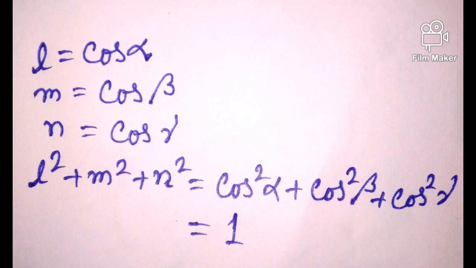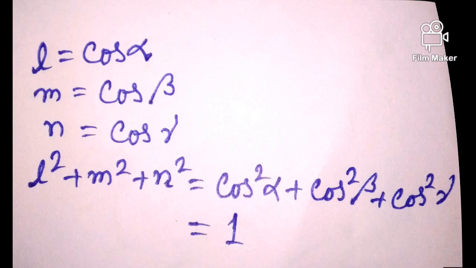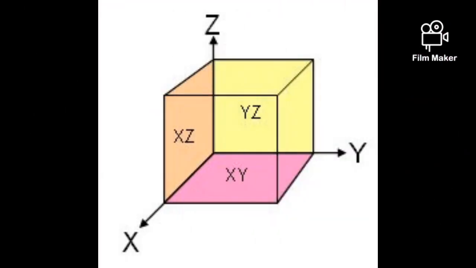Therefore, L squared plus M squared plus N squared equals 1. Direction cosines of the x-axis are 1, 0, 0. Direction cosines of the y-axis are 0, 1, 0 and direction cosines of the z-axis are 0, 0, 1.